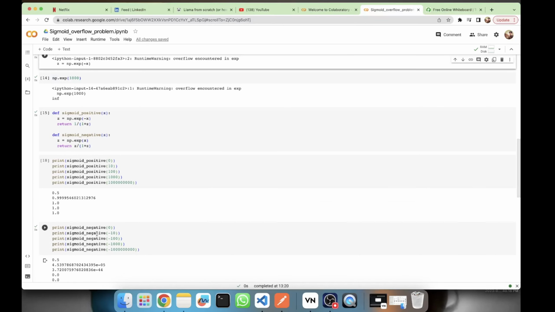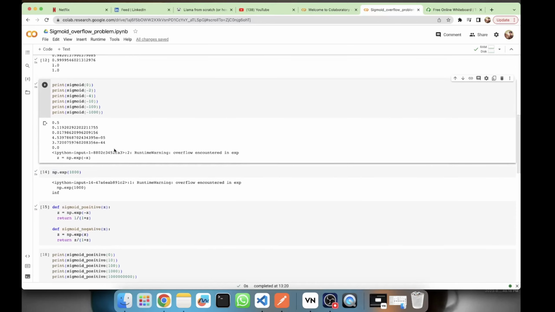Internally there will be an if condition, and it will check whether the number is positive or not. If the number is positive, it will be passed to this version of sigmoid, and if it's a negative number, it will be passed to this version of sigmoid, to make a way out of this overflow error which we encountered because of the d-type limitations of numpy.